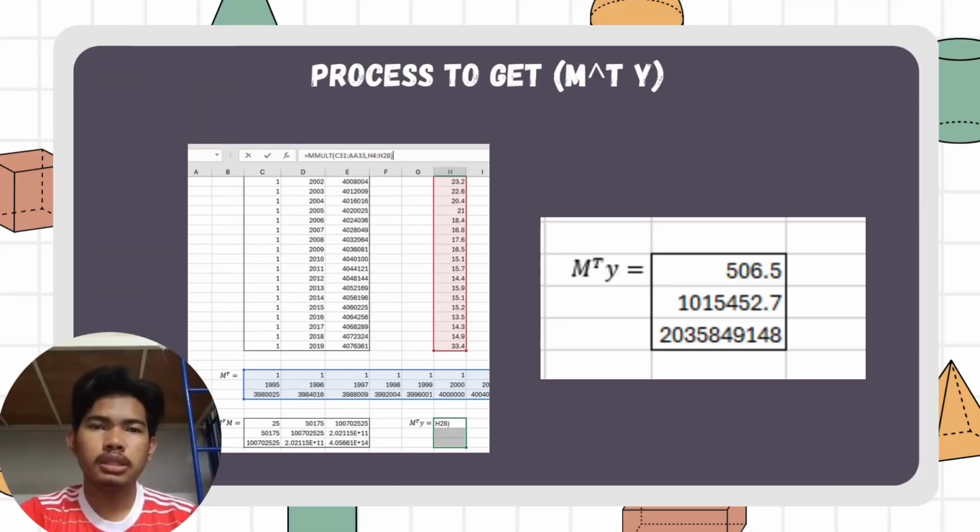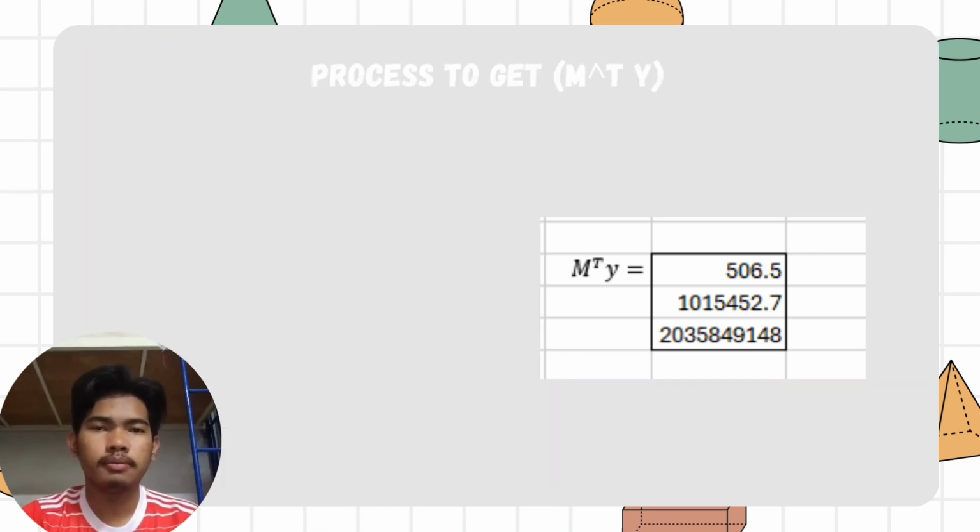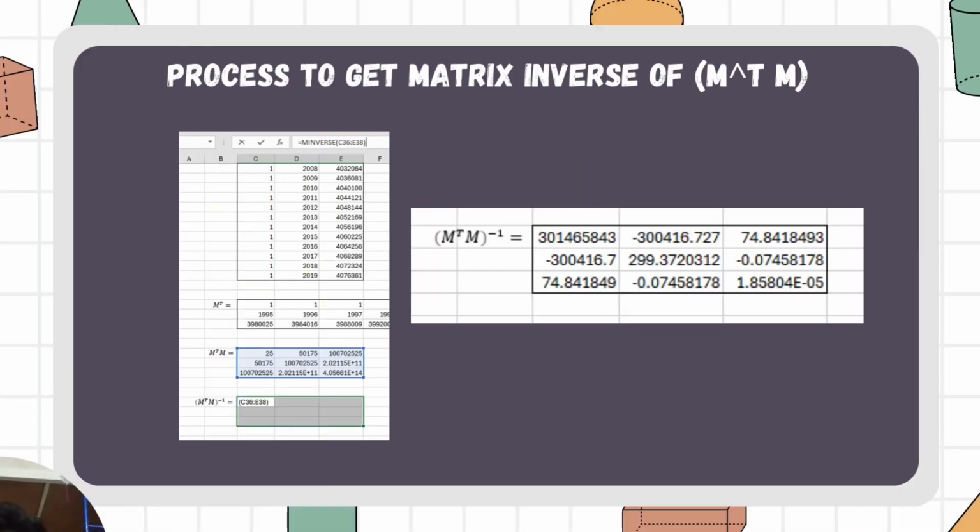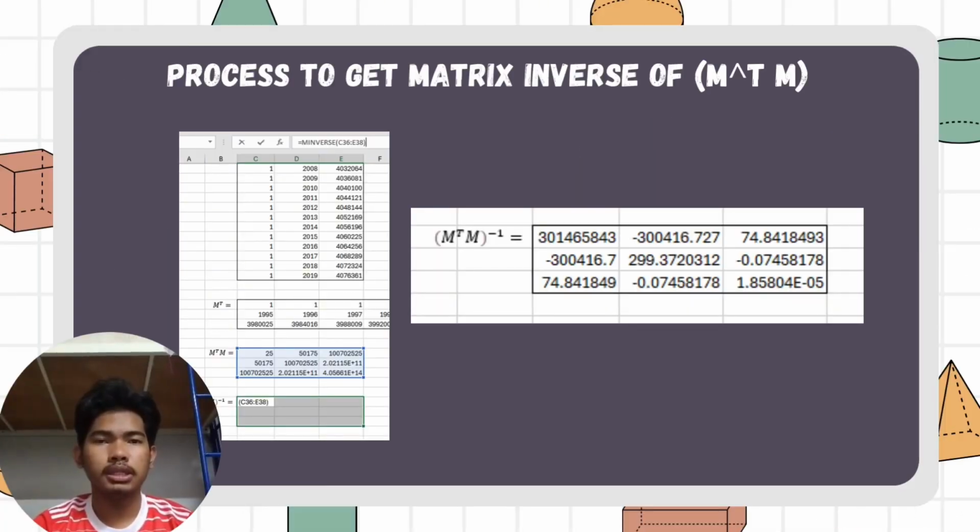Then we multiply matrix transpose by the value of Y, and we get a 3 by 1 matrix.